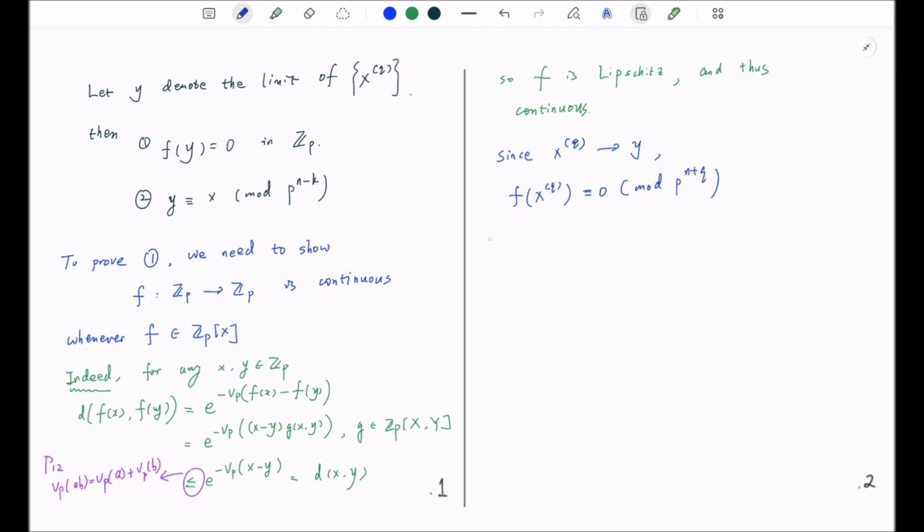This will imply f of y is congruent to 0 modulo p to the power n plus q. And this is a statement true for any q. And at this stage, you might get confused because the continuity of f from Zp to Zp is something without modulo p to the power n plus q. This is the continuity for the topology on the whole Zp.